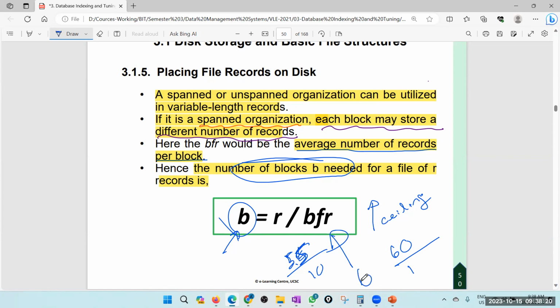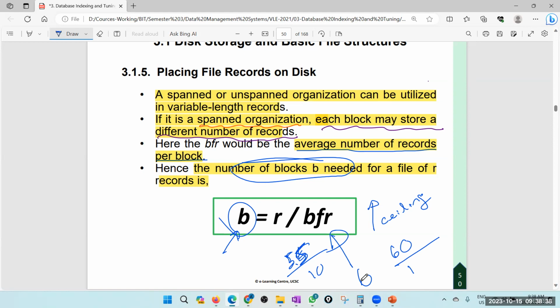I hope you can understand that. We can't say I need 1.5 blocks, we just say I need 2 blocks. Of course, in that second block we are using only part of it, and we can store more in it later, but right now this is the number of blocks we use.